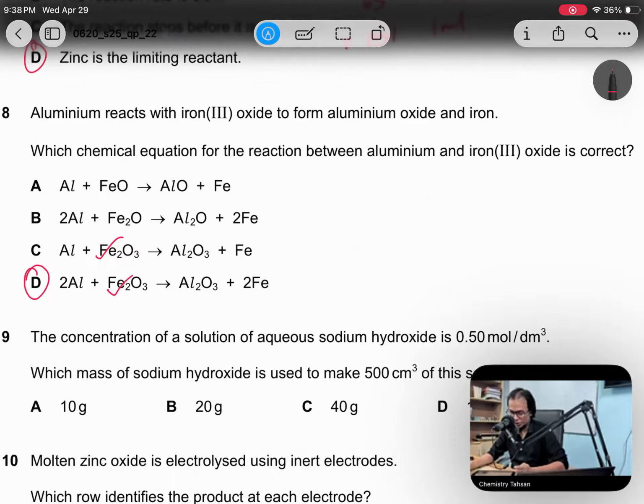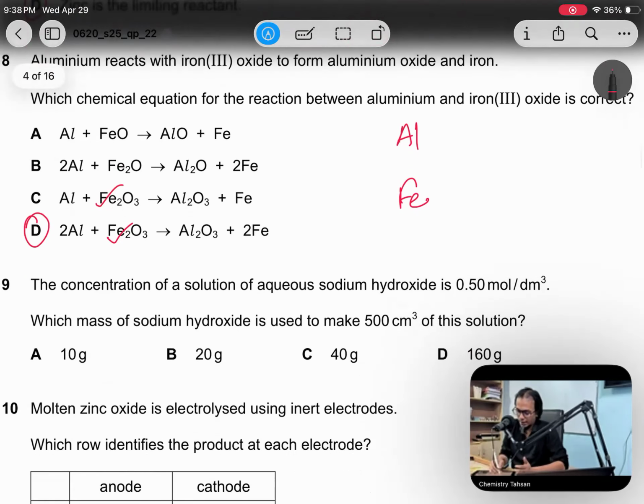So D should be the only correct answer. Aluminium is more reactive than iron according to the reactivity series. So aluminium will displace iron from iron oxide, and you must balance the equation. So that's why C is not the correct answer. D is the only correct answer. And for A and B, these are wrong chemical formulas for iron oxide and aluminium oxide.